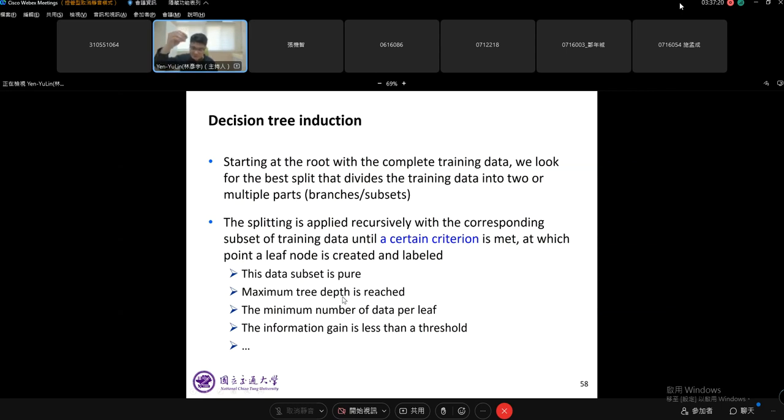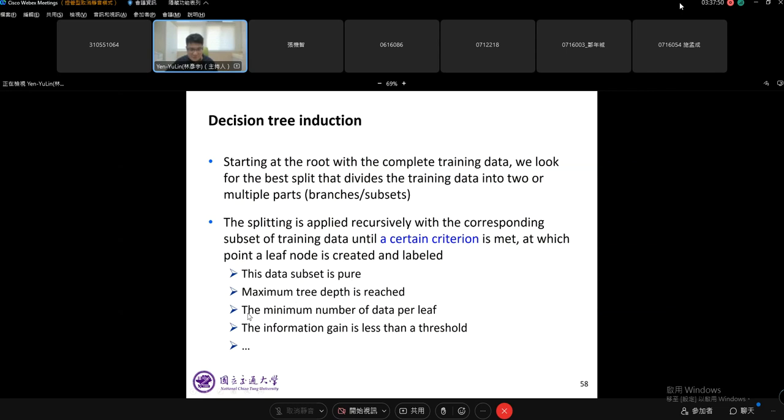So if we recursively split the decision node, once we reach the 5th level of this decision tree, we reach the maximum tree depth. In this situation, even if the data subset is not pure, we need to stop the splitting process. So this is the second criterion.